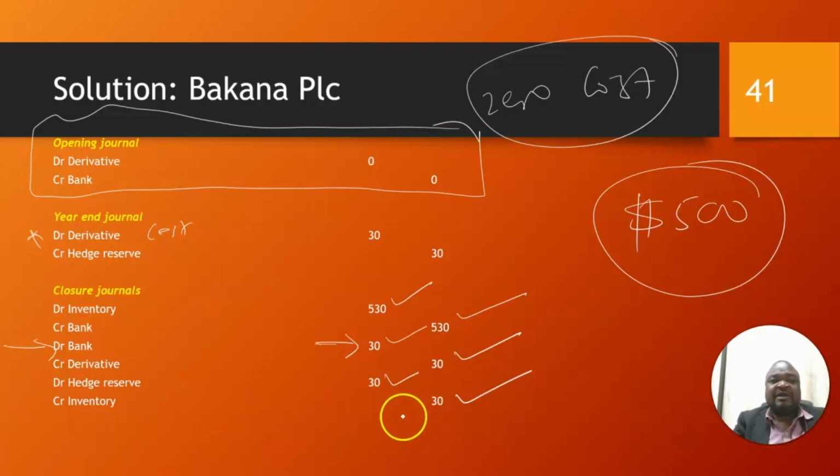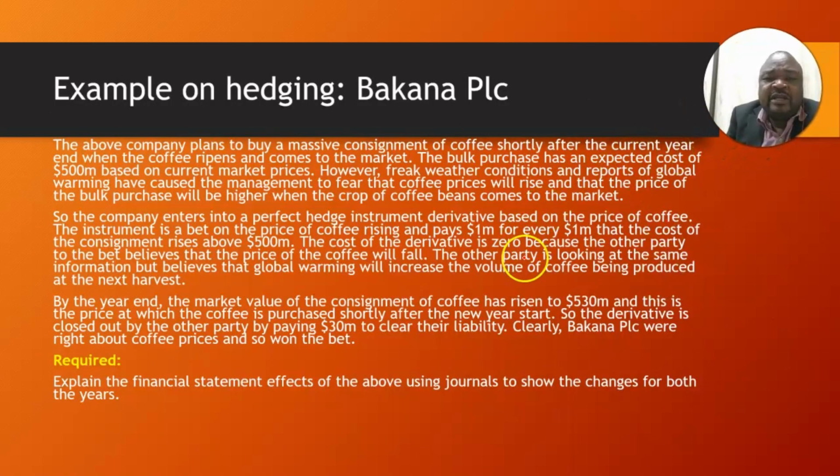And at the same time, the cost of inventory is not going to be 530, because when we close out, we have to credit inventory with the 30 million. Is that clear? The other way to look at this transaction is that while the inventory is recognized at 530 million, the 30 million which the other party paid us, the inflow, should be a gain.